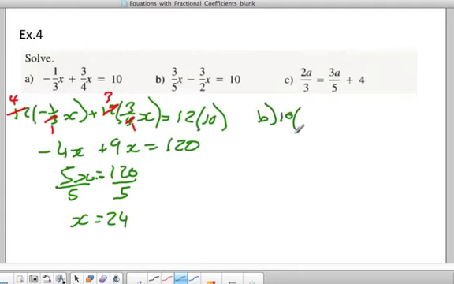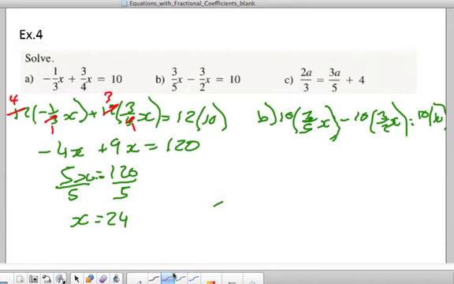So this will be 10 times 3 over 5x, or sorry, it's minus 10 times 3 over 2x is equal to 10 times 10. So this is a 3.